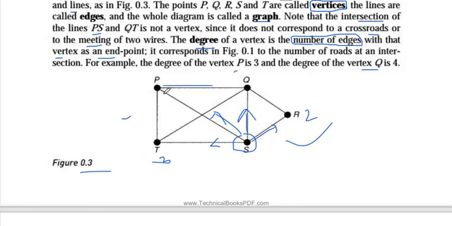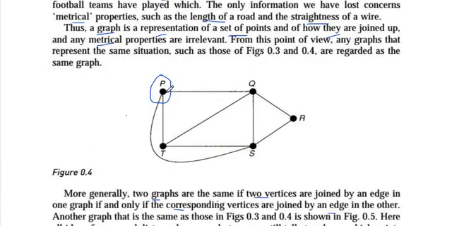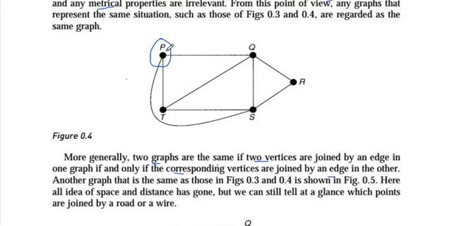This is one edge, second edge, and third edge: the PQ edge, PS edge, and PT edge. Here also, what are the edges of P? The vertex is P, with the PQ edge, PT edge, and PS edge. So if the corresponding vertices have the same edges in both graphs, we can say that these two graphs are the same.